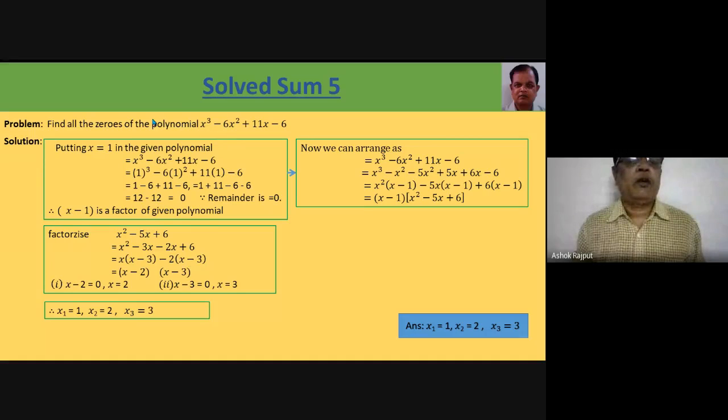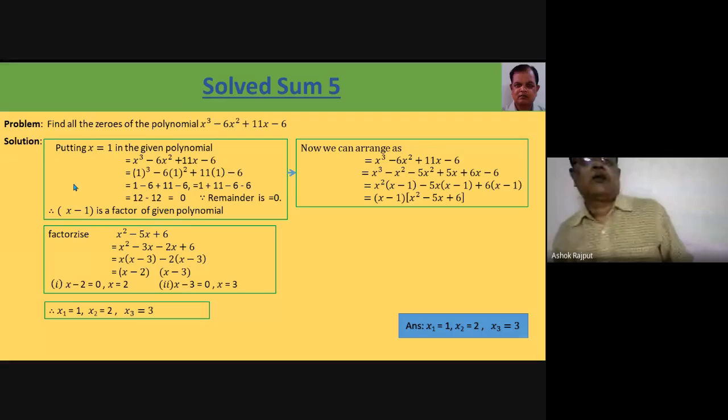Now how do we find all the zeros? First we use the trial method. First we put x equal to 1, x equal to minus 1, x equal to 2, x equal to minus 2. If we get 0, it means that it is a factor of the given polynomial.